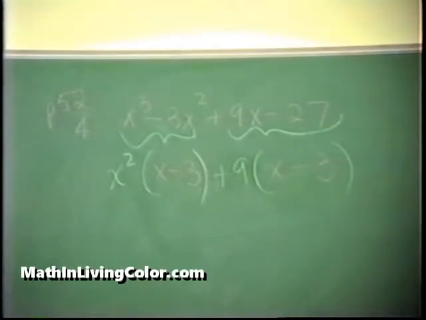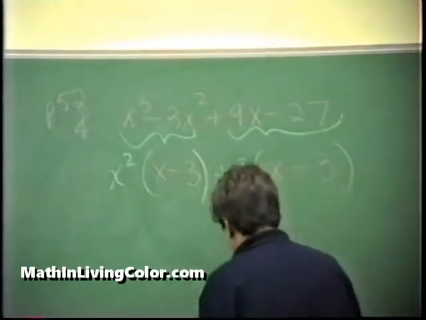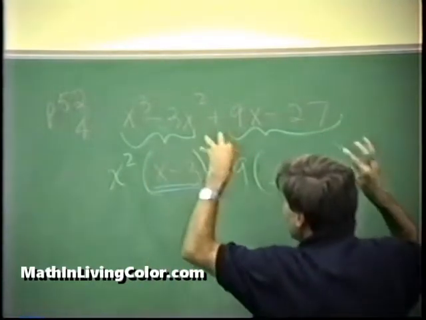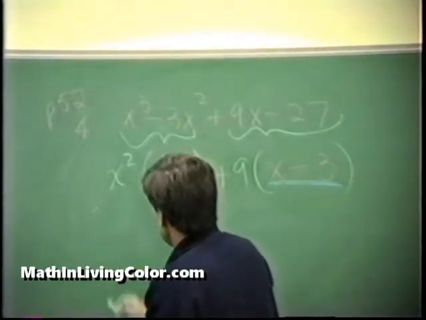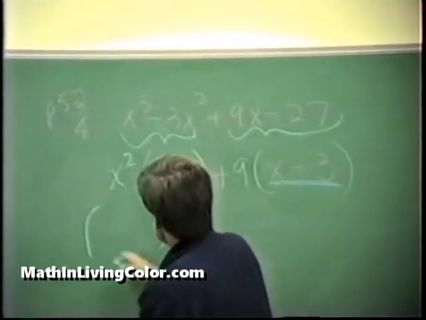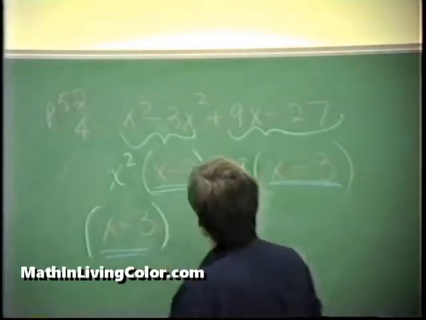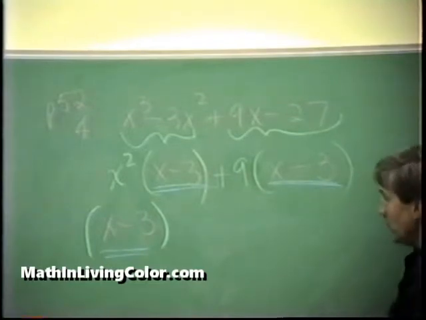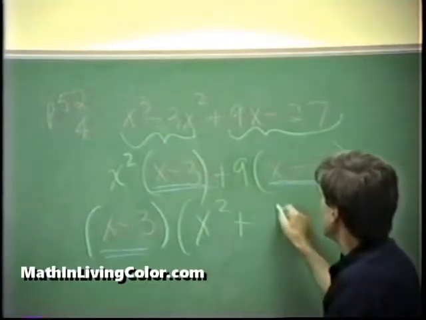So now do you see there's a common factor in this problem? x minus 3 is the common factor. So if I've got a common factor, I take out the common factor and I put it down right here. The common factor is x minus 3. I take out that common factor and I put it down there. And then what's left? x squared plus 9.